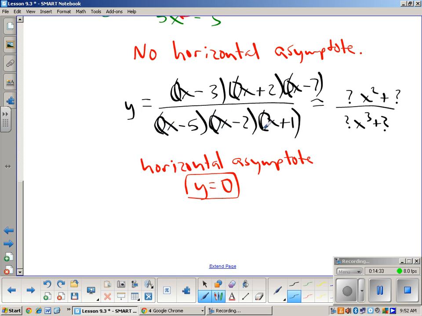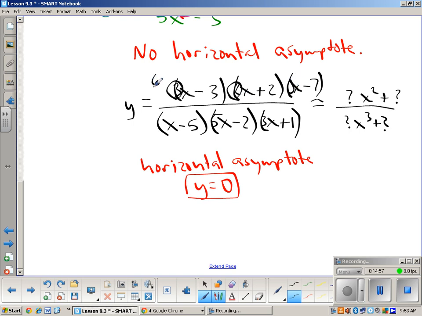Now if I had a 3 here and a 2 there, and a 5 here and a 3 there, then my highest degree on top would be 3, and its coefficient would be 3 times 2 times 1, which is 6.